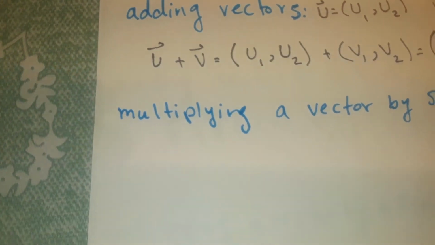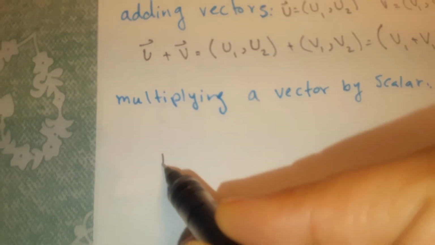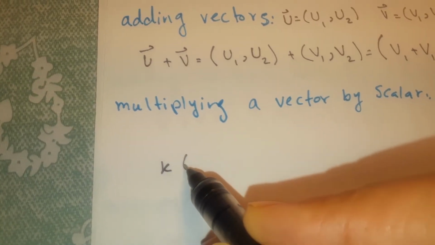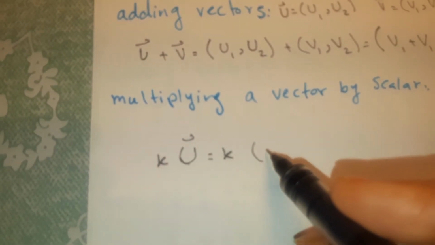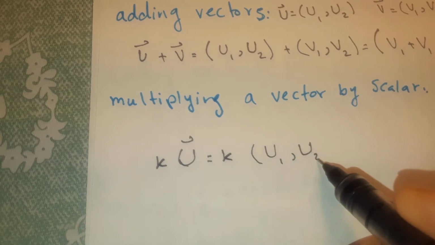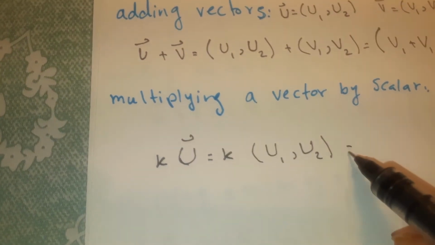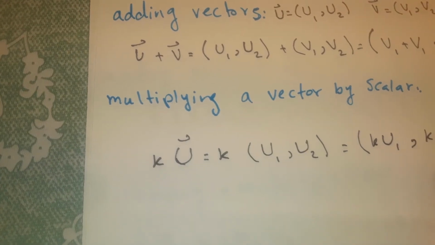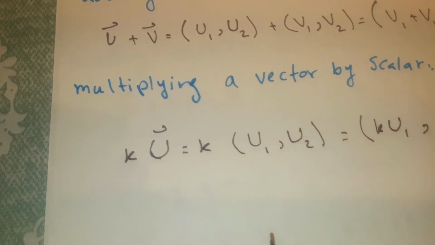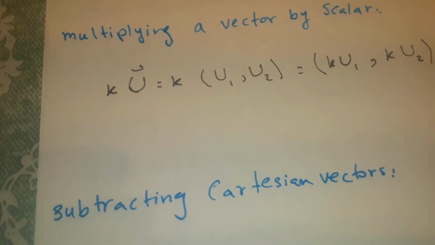So multiplying a vector by a scalar. Let's say I have k, and I want to multiply it by vector u. The u has x and y components, so simply k multiplied by the x component and k multiplied by the y component. k could be negative or positive.